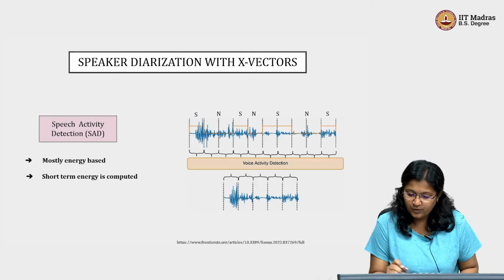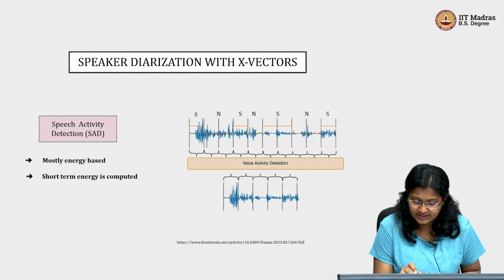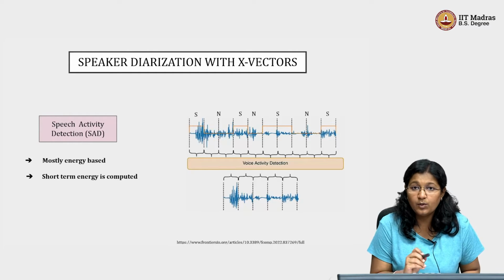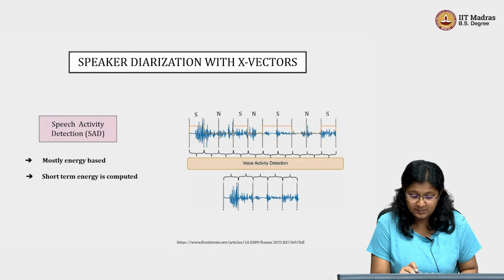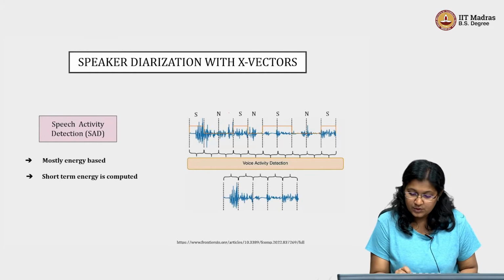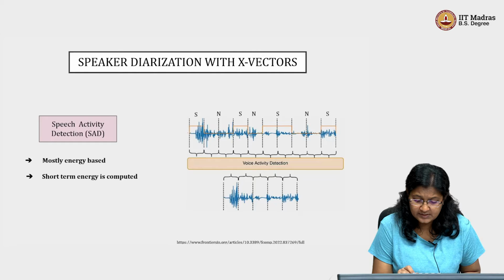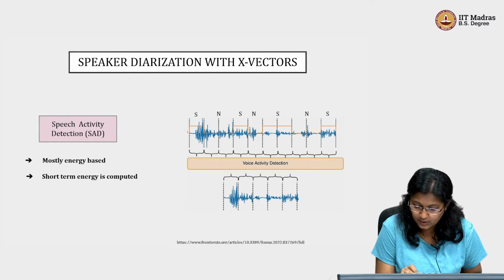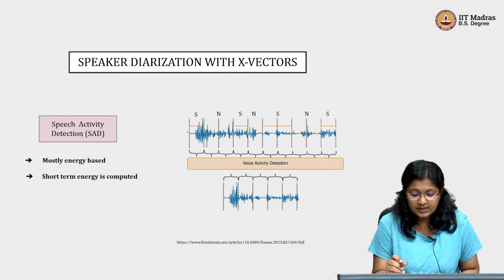As mentioned before, your speech activity detection or voice activity detection is going to get you the regions where only speech is present. Here S is nothing but the region where speech is present, N is the region where it is non-speech. Your voice activity detector figures out the speech regions. You see this yellow square or rectangle kind of wave, right?